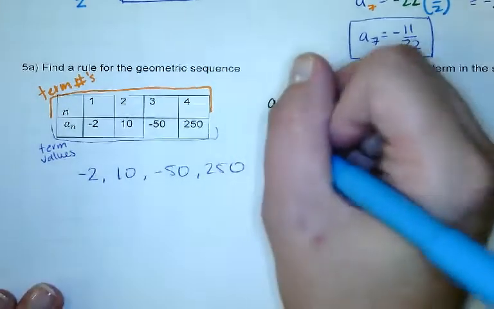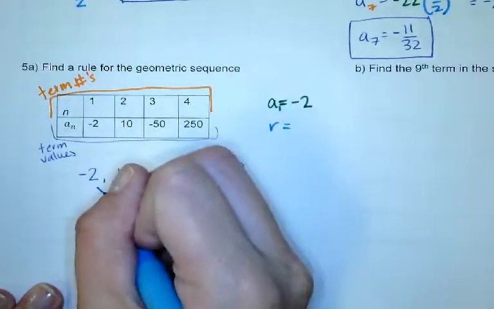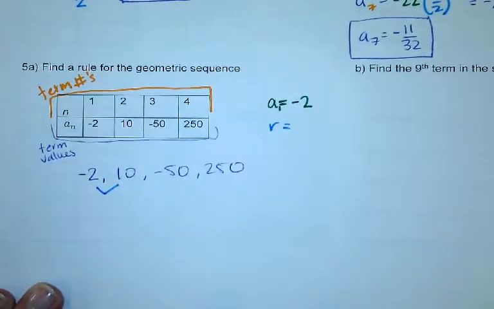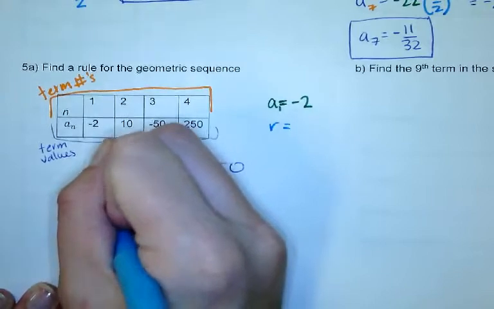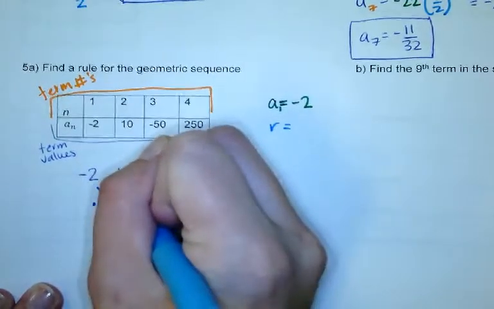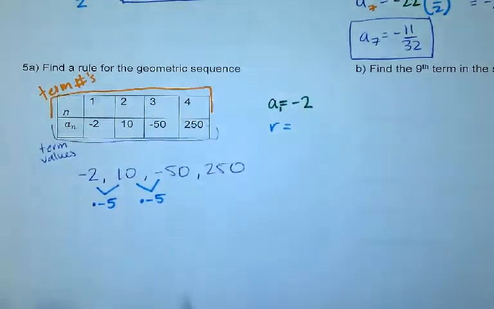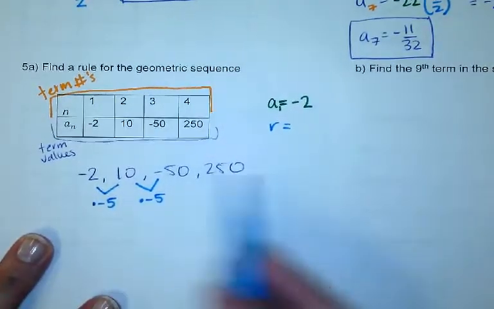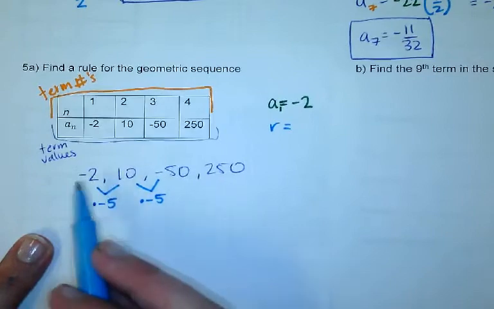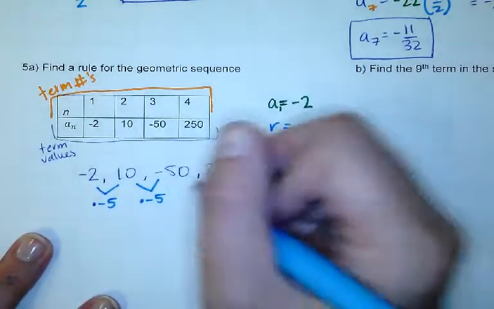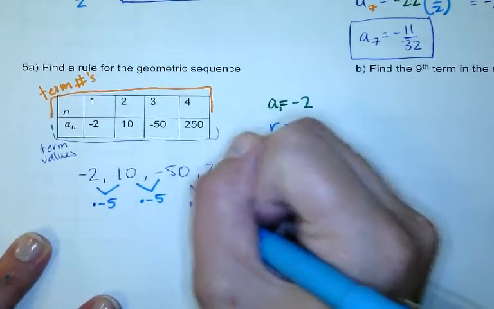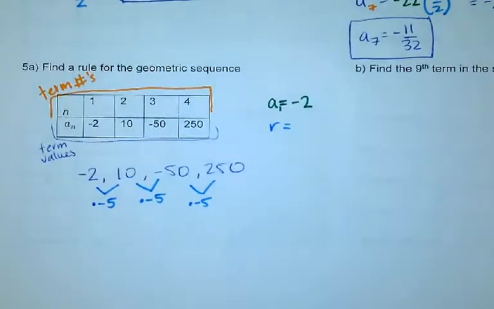So this is one of the first times we've had a negative. So we're going to multiply by -5. So you notice it's flip-flopping back and forth, right? It's positive, negative, positive, negative, positive. Okay? So that's going to be a -5. All right? So my r right here is going to be a -5.